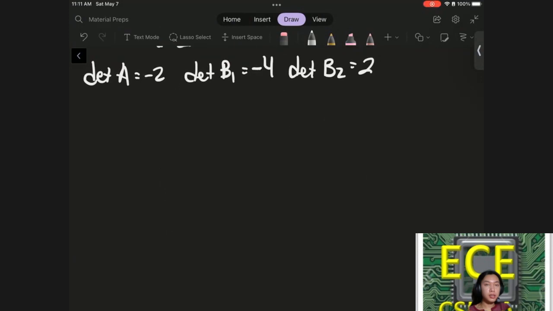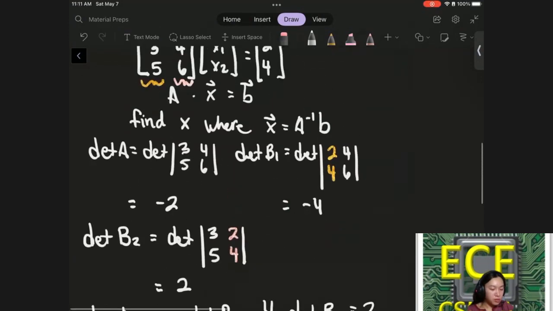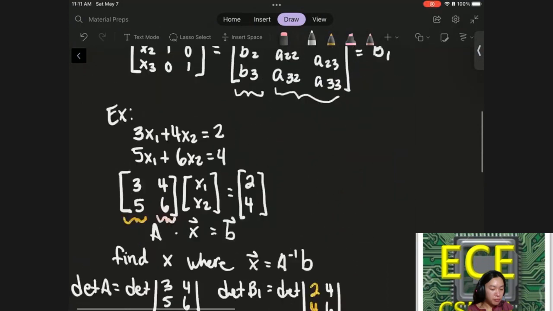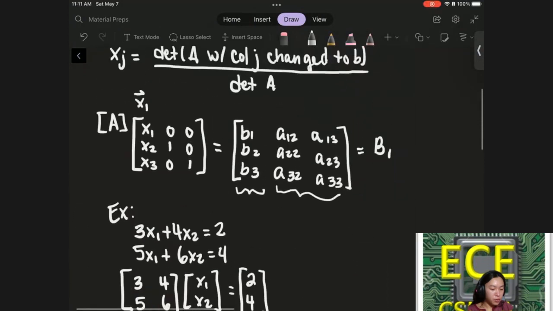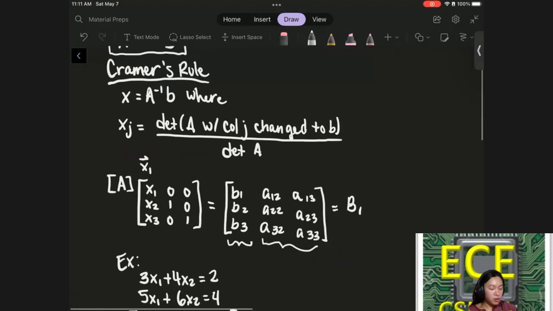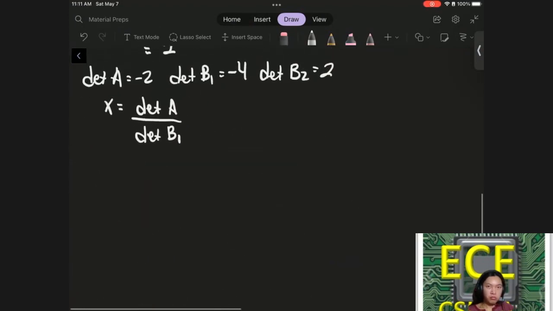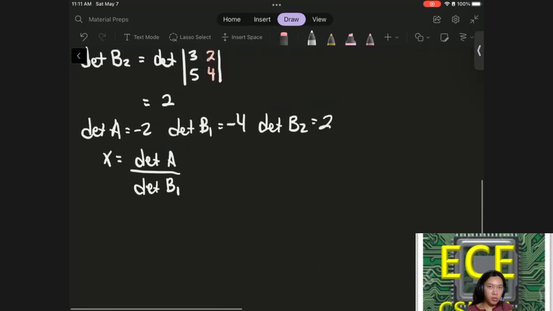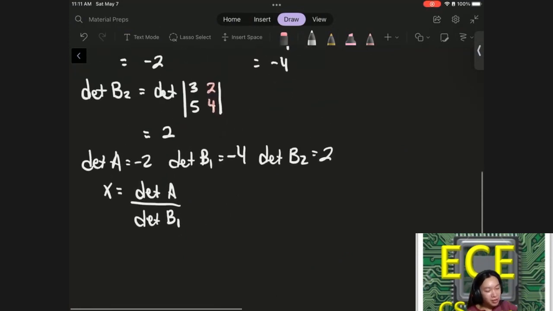So Cramer's rule states that x1 equals the determinant of B1 over the determinant of A. Oh, I flipped it, so sorry.